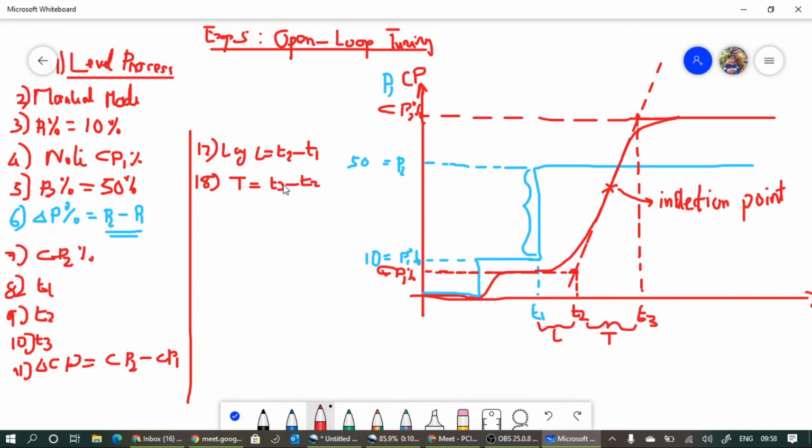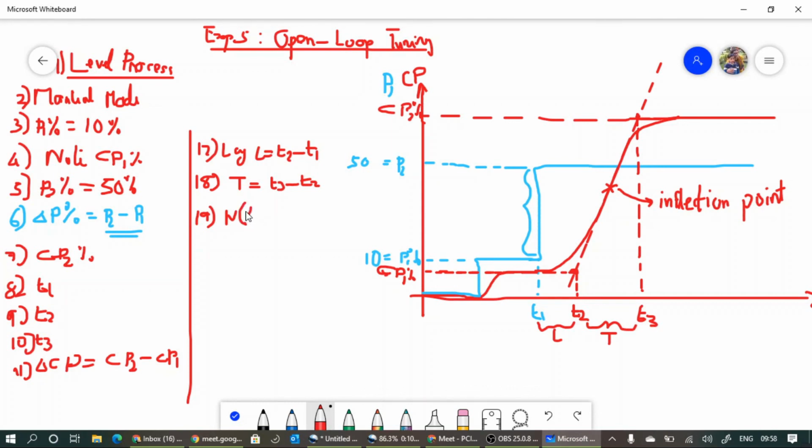Okay. So by using this delta Cp, delta P, L and T, we are going to calculate the required parameters. So here we are going to tune the PID controller. If you are tuning a PID controller, what are the calculations required? First you have to calculate the reaction rate N. What is the unit of reaction rate N? That is percentage per second.